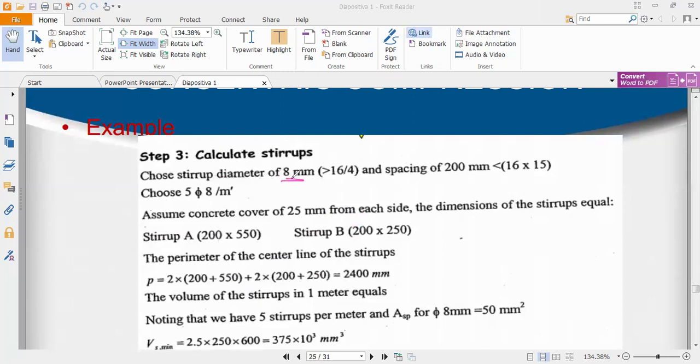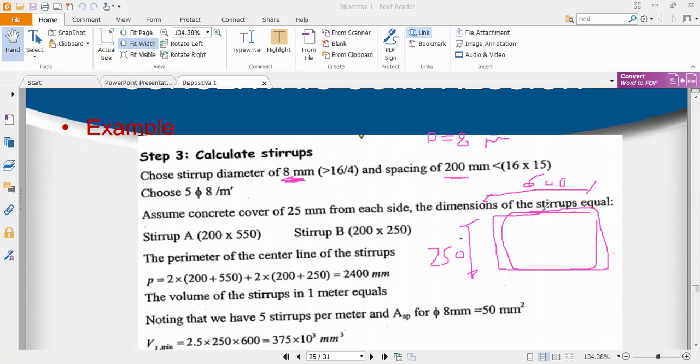We can assume the diameter of strips is equal to 8 millimeters, spacing 200. This is 600, this is 250. We have strips.